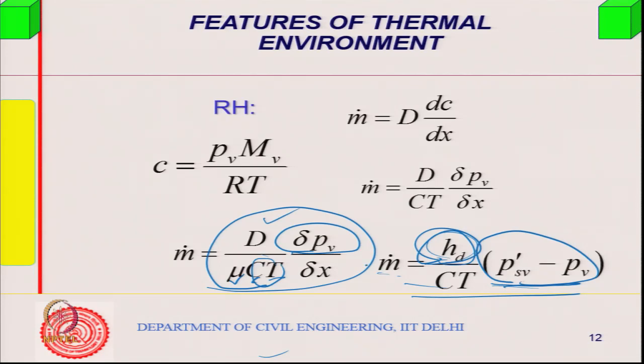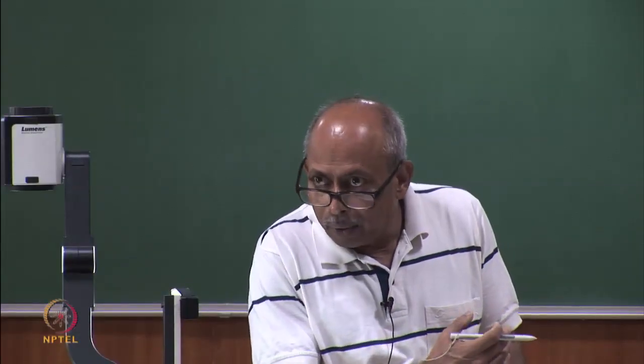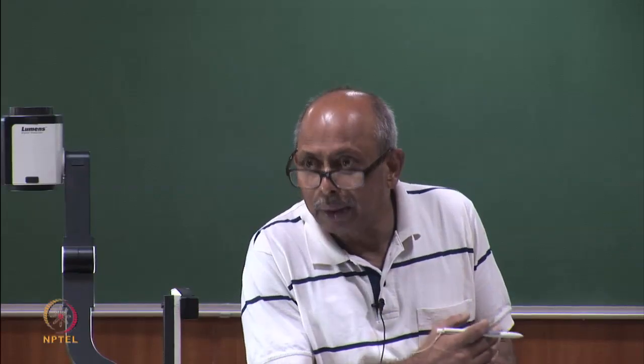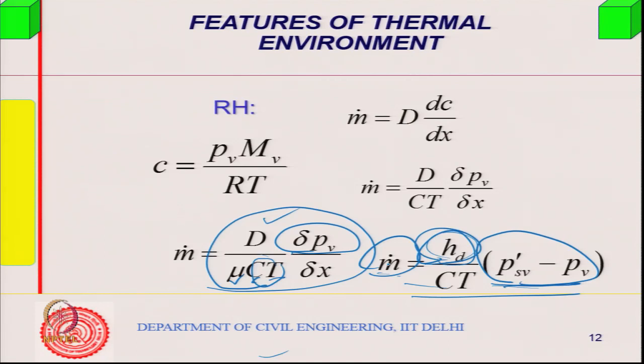Now, if I want to find out the amount of heat that will be transferred because the vapor or moisture transfer has occurred, it will be related to mass, because m dot is the rate of mass transfer, the mass of moisture vapor that transfers. So, the latent heat is associated with this. If I multiply this by L, I get the rate of heat transfer associated with this.